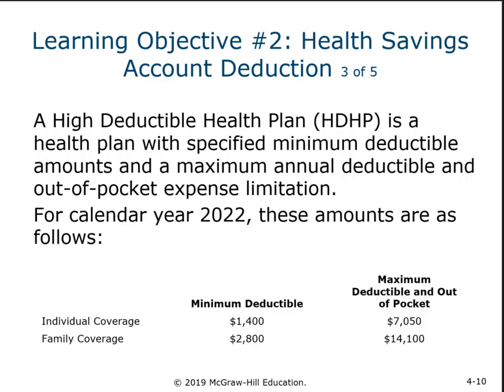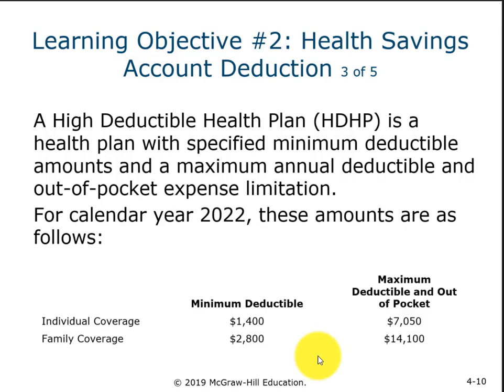So you have to go to an insurance company, or your employer has to go to an insurance company and choose a plan that fits this criteria. They have to say, we need something that fits the HDHP, the high deductible health plan, for health savings account purposes. Otherwise, you're not going to get that situation correct.